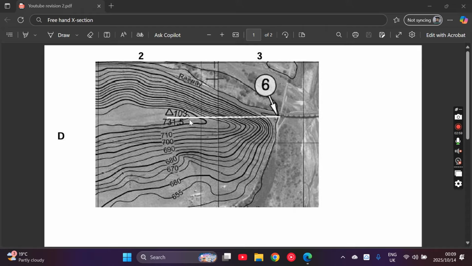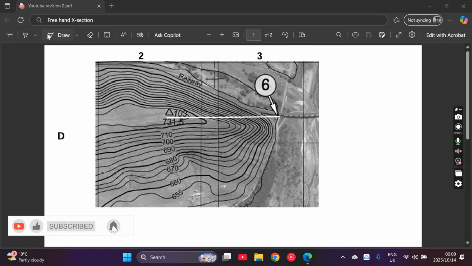But as I move closer to my trigonometric station, I can see that my contour lines are more or less far away from each other. So this means that if I have my contour lines at the bottom of the slope being closer to each other like that, on a slope, I know that I'm dealing with a convex slope.